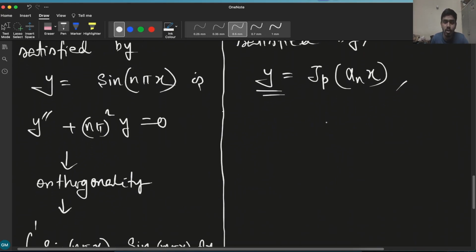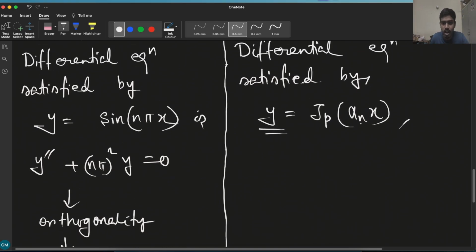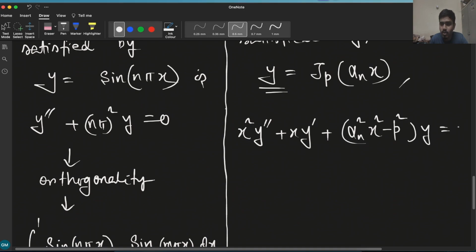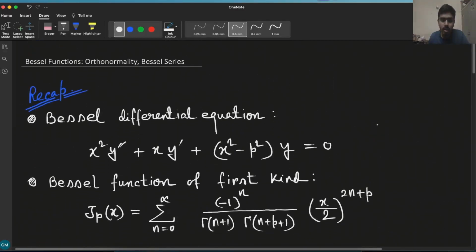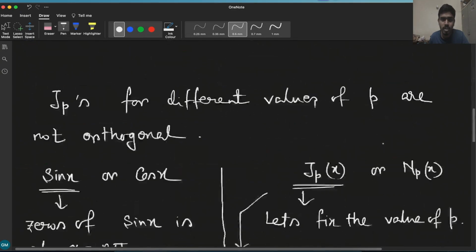So the differential equation satisfied by this y, which is J_p of alpha n x, is basically x square y double dash plus x y dash plus (alpha n square x square minus p square) times y equals 0. So instead of x I am writing alpha n x in the differential equation of the Bessel function.